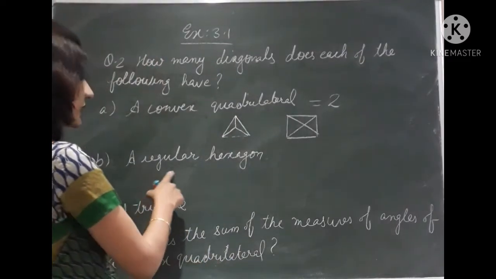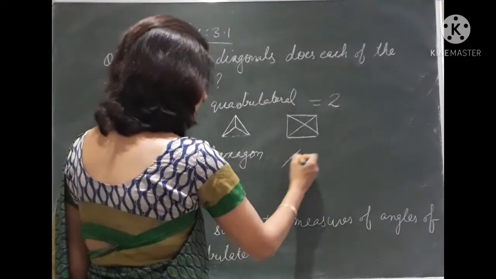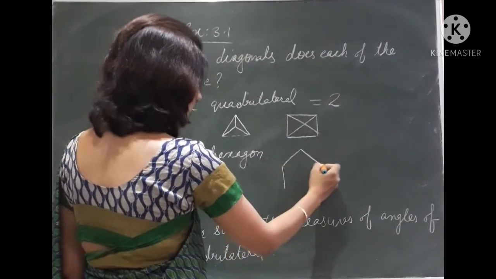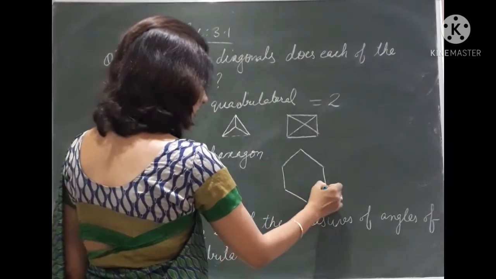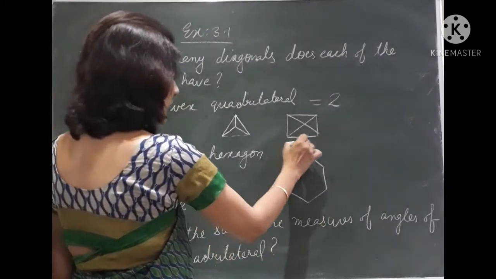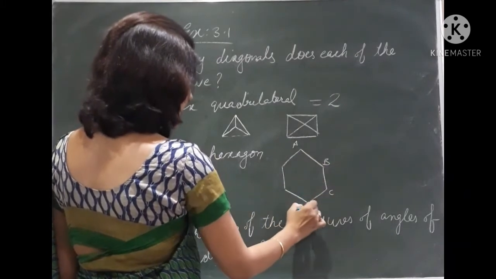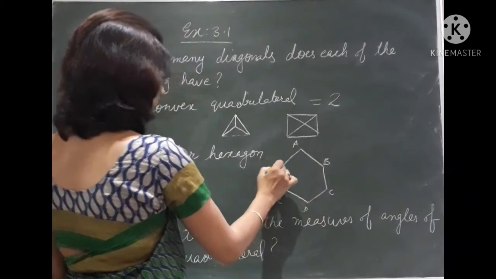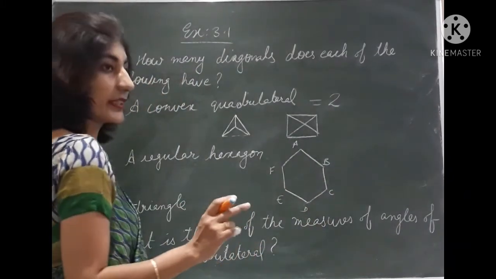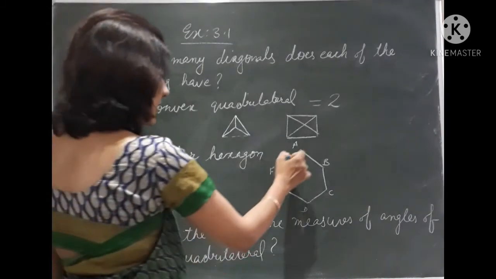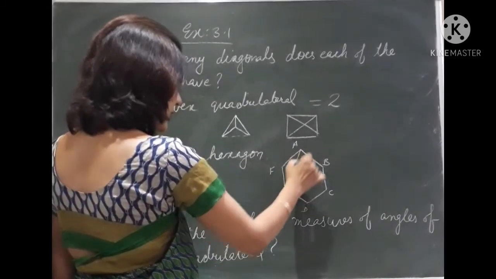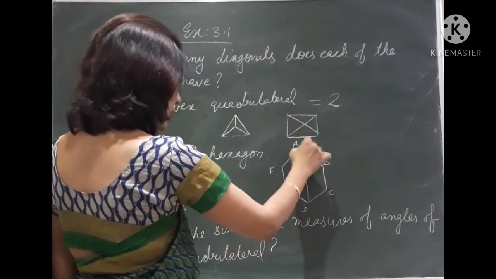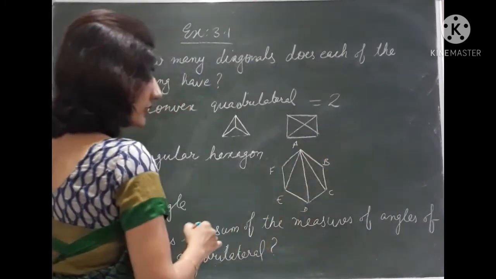Coming to the next figure, a regular hexagon. How many diagonals does a regular hexagon have? This also you can draw and find out. I have drawn hexagon A, B, C, D, E, F. Now from every vertex, join non-consecutive vertices. First I will join A to E, 1, then A to D, 2, A to C, 3.